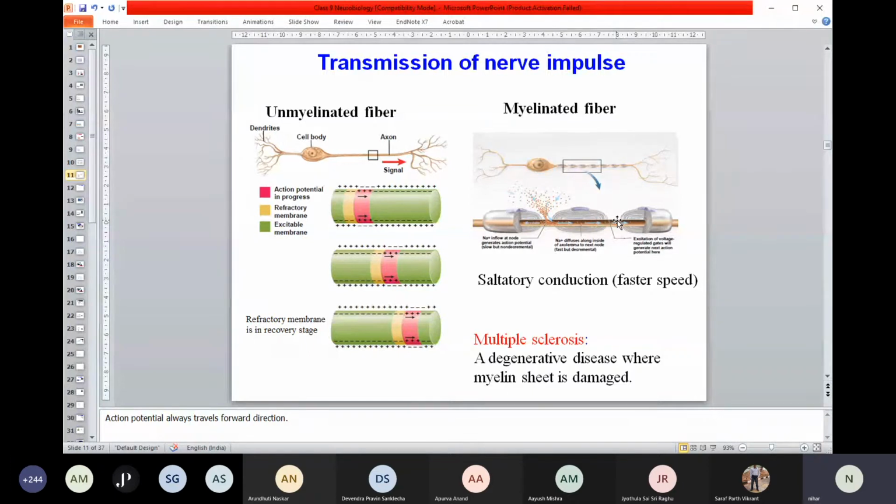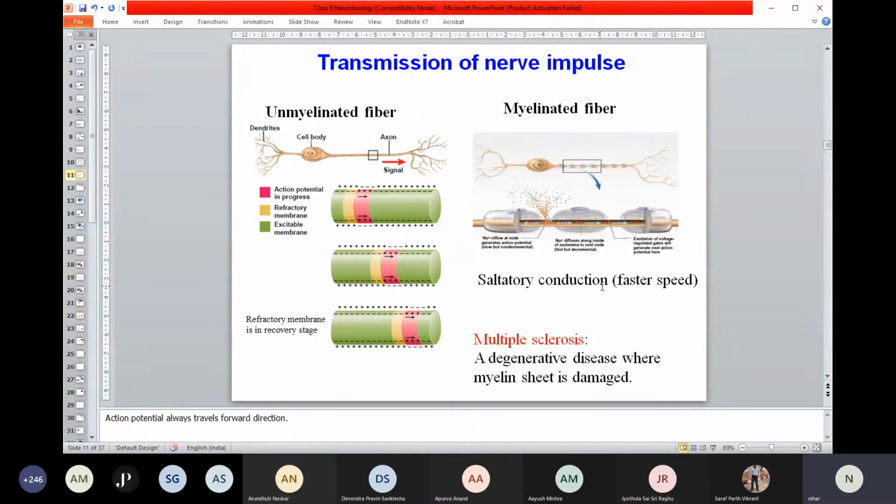It should not be less than minus 55 millivolts. It could be more than minus 55 millivolts, and therefore an action potential can be generated here. So the action potential can travel from node to node, and therefore it can increase the speed of the action potential. So the purpose of the myelin sheath here is to increase the speed of the nerve impulse. This kind of conduction is often called saltatory conduction, or jumping current.